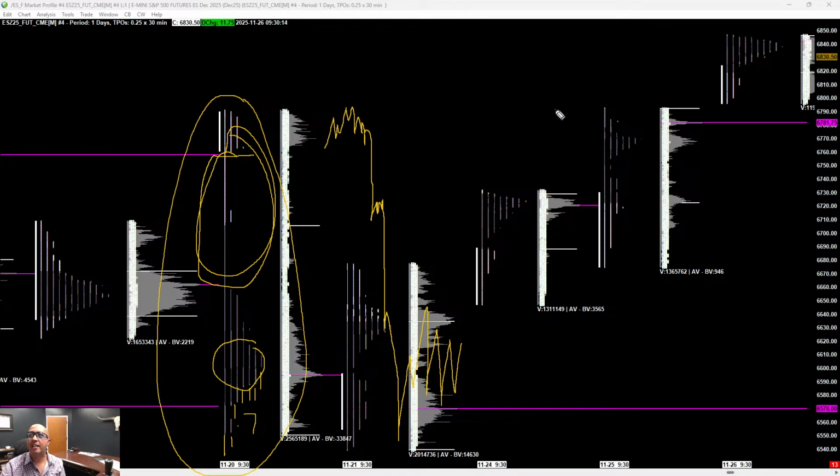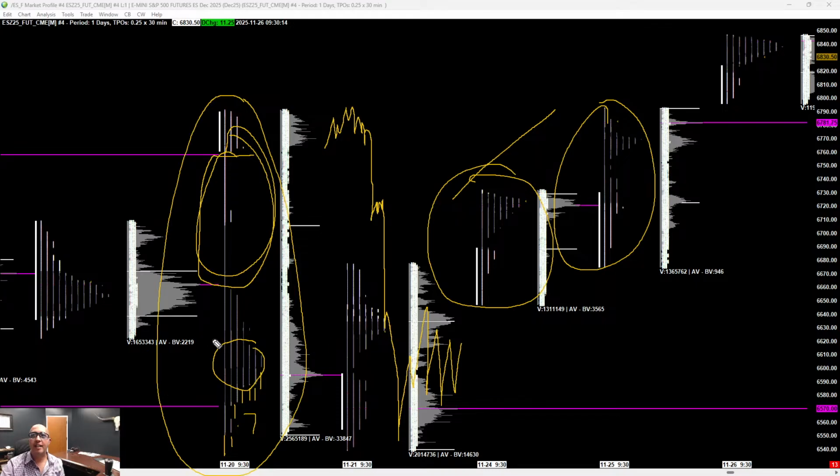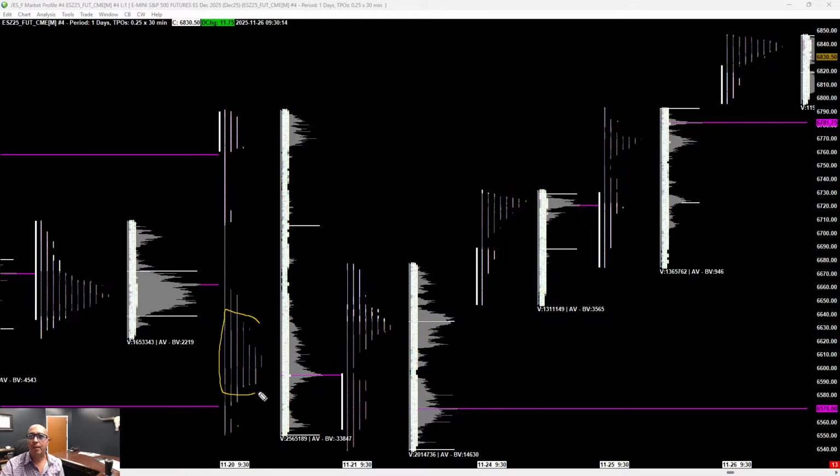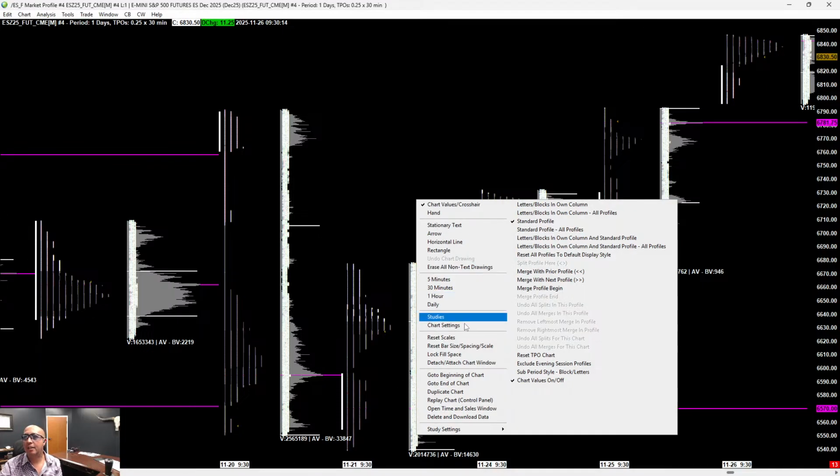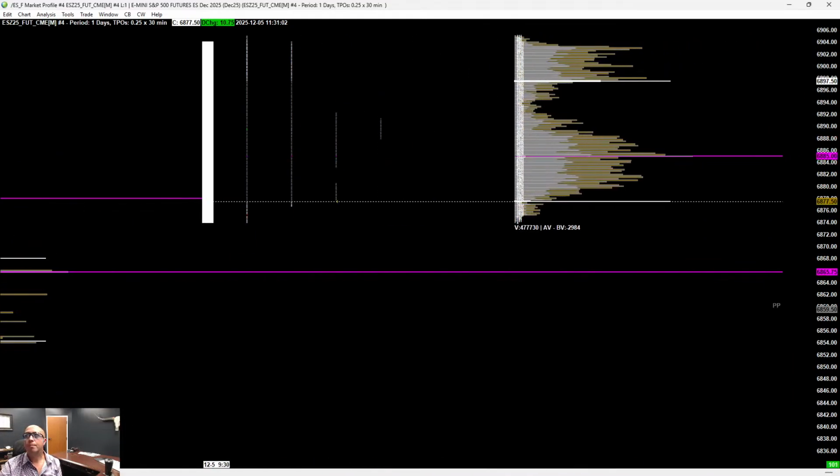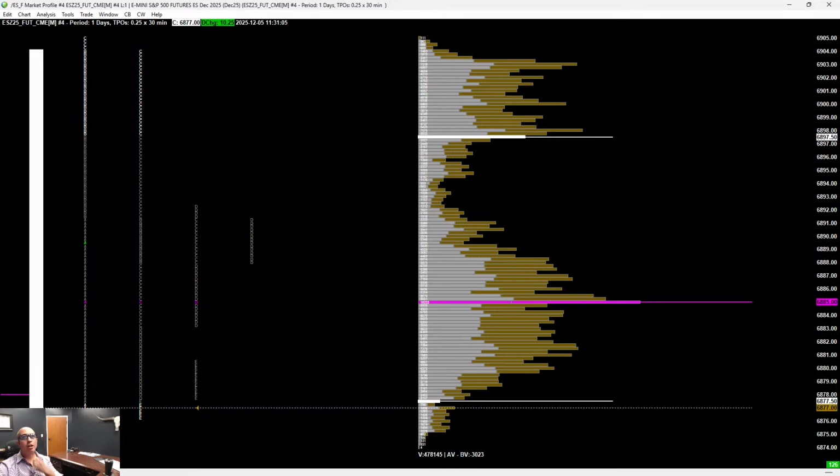So when you're looking at these TPOs, there's going to be a time in the day where you have chop, chop, chop, chop, chop. The object is where does that chop formulate? So now let's go back to today's TPO. That's the look right now.